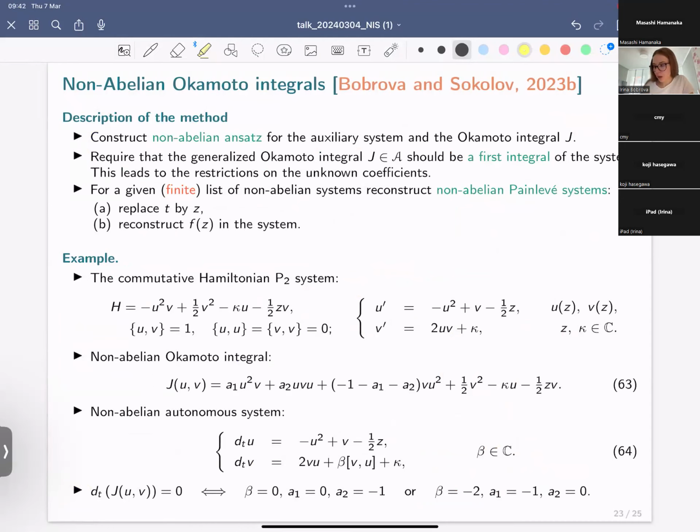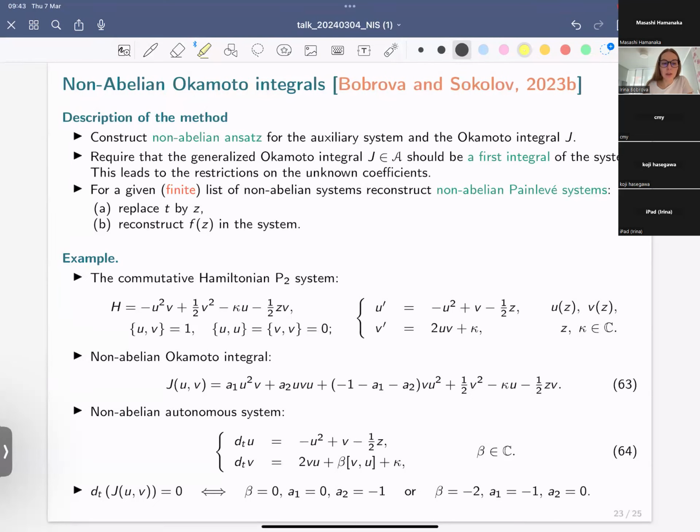So what do we want to do? We want to suggest a criterion that is useful for classifying Painlevé equations.